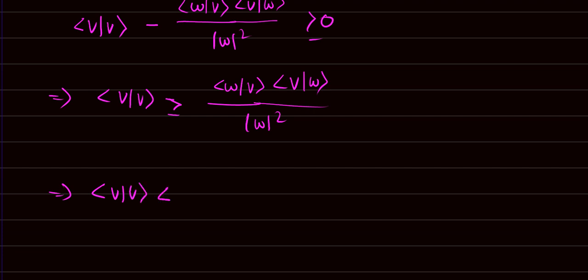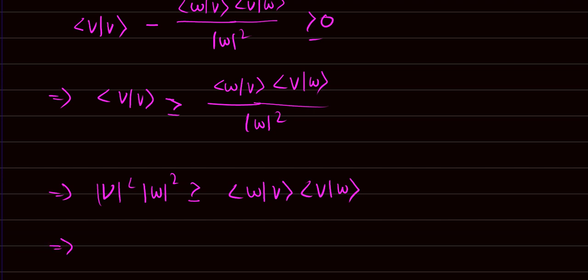So we can write VV as V square into omega square greater than omega V omega, right? So if we just take square root, we'll get V omega. In this line we are taking the square root.